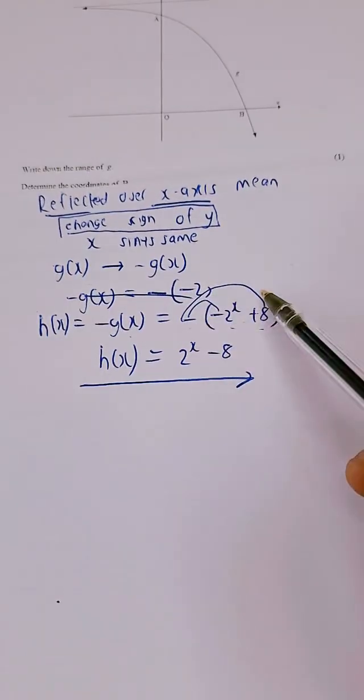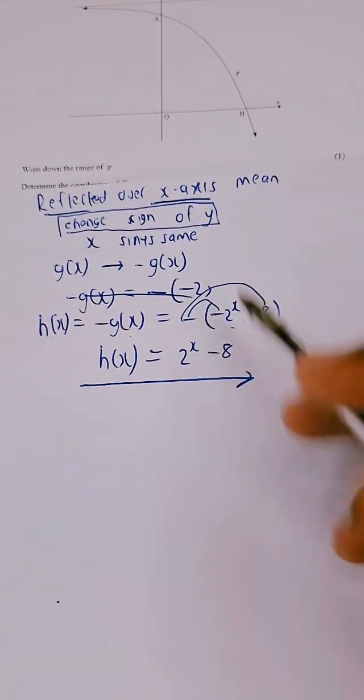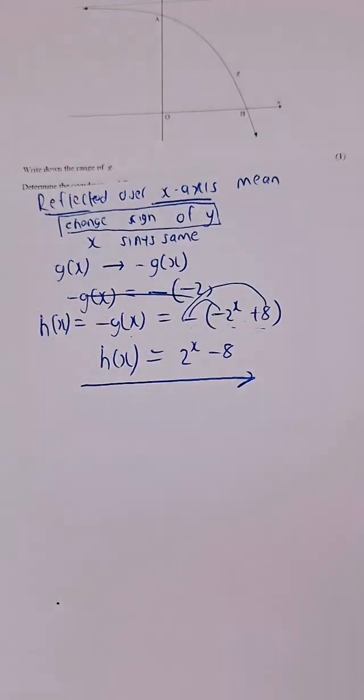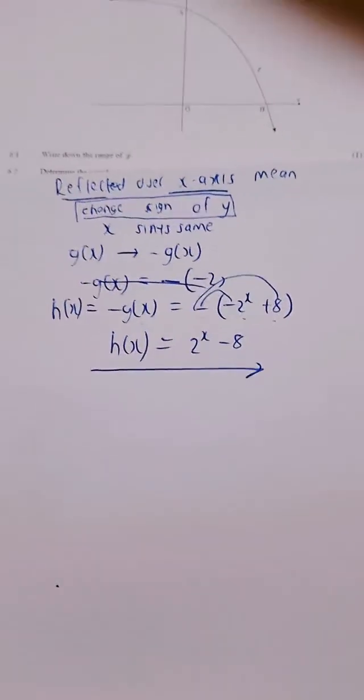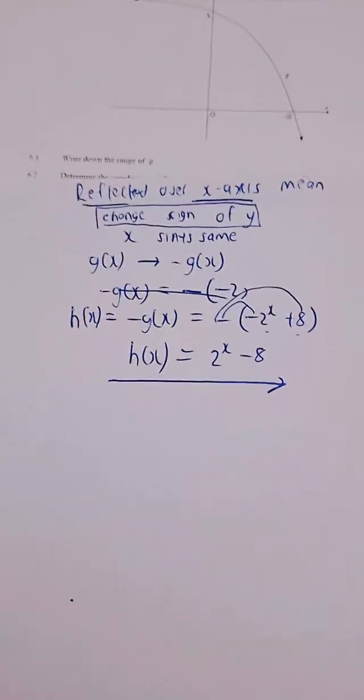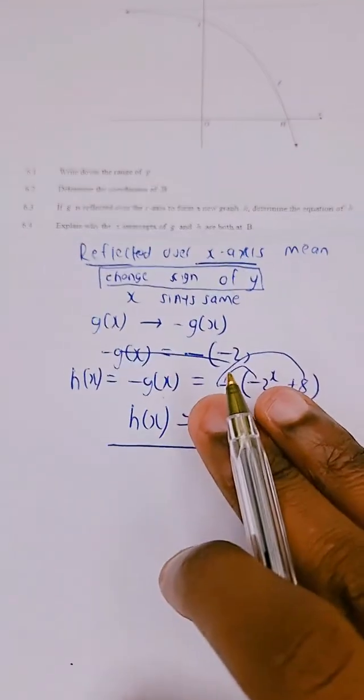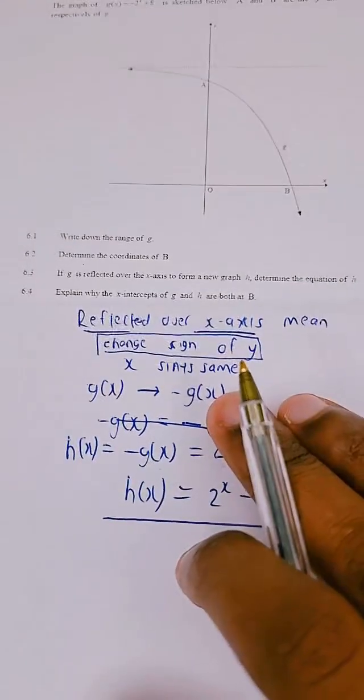Then we distribute the negative sign, and we get 2 to the power x minus 8. That is the equation of the new function, h of x. Make sense, guys? So straightforward, just like that, no problems.